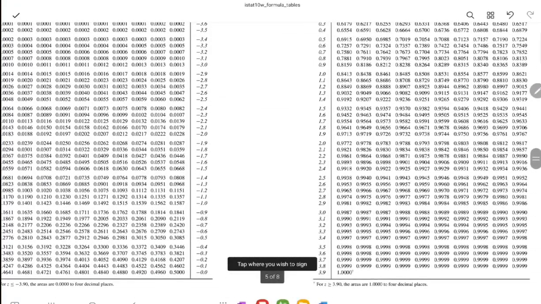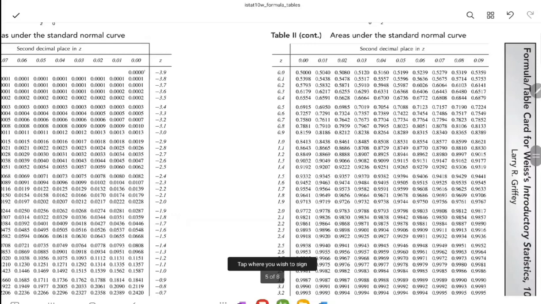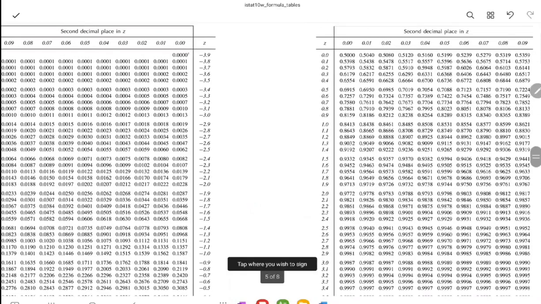Our Z table, negative, it was positive 1.225. So we have 1.2 and 1.225. You know what I'm going to do is I'm going to look up the negative first.